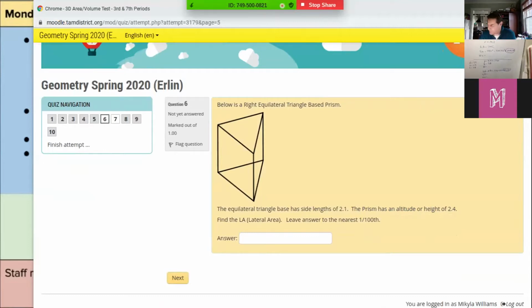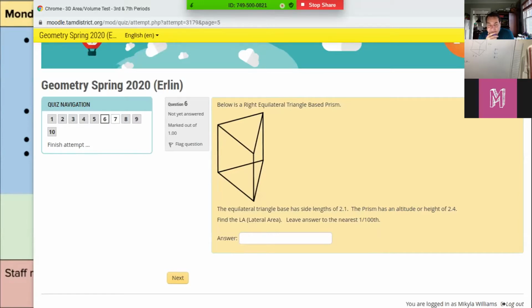You think you can walk me through solving this one? Can you give it a try? So 2.1 and 2.4. Okay. How do we start? What letters do we write down first? P, H, and B. Yep. What does the P stand for?